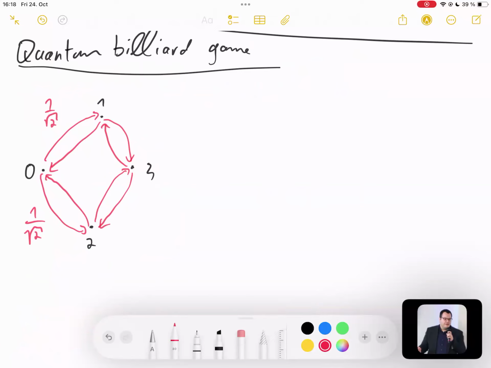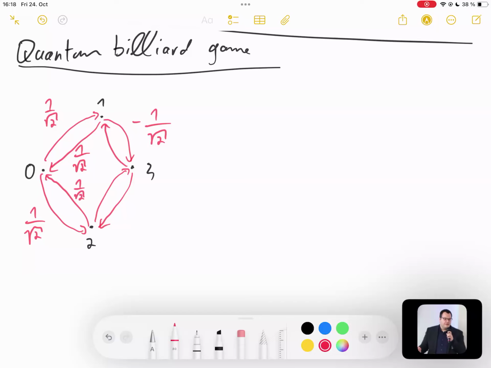But just keep progressing. Then the transition from 1 to 3 is minus 1 divided by the square root of 2. From 1 to 0, it's 1 divided by the square root of 2. From 2 to 0, it's 1 divided by the square root of 2.